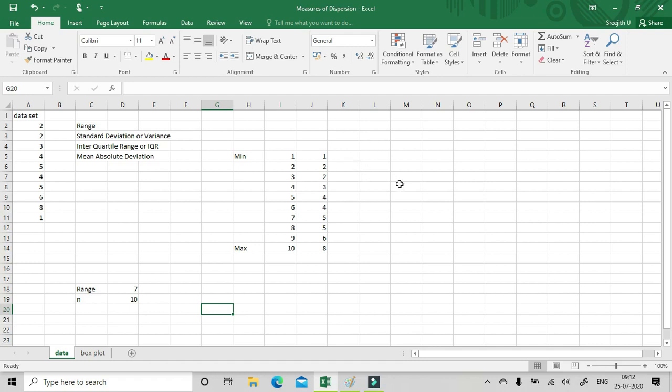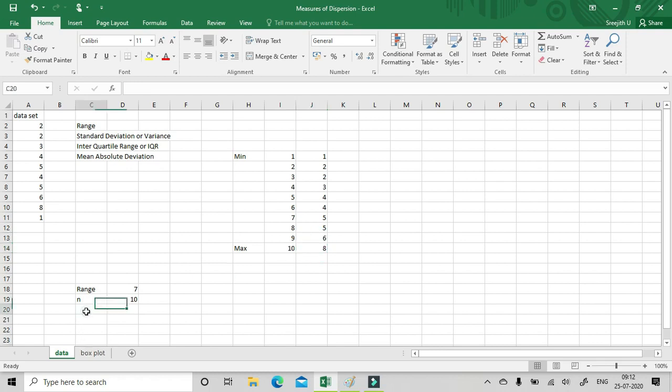So the total of this is 1 plus 2 is 3, 3 plus 2 is 5, 5 plus 3 is 8, 8 plus 4 is 12, 12 plus 4 is 16, 16 plus 10 is 26, 26 plus 6 is 32, 32 plus 8 is 40.